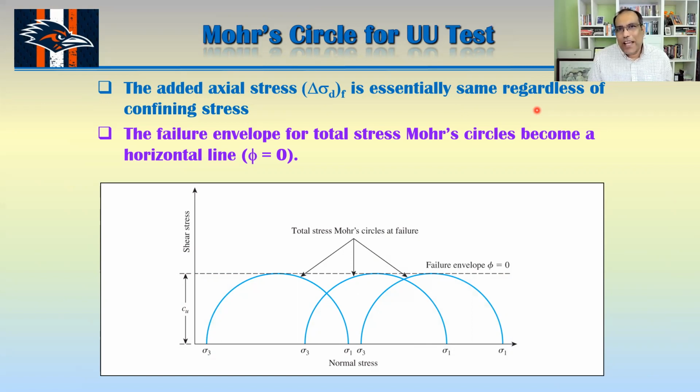If you change that, your pore water pressure will increase at the same rate, since your B value is equal to 1. So even though you are applying different confining stresses, since the drainage valve is closed and the soil is not allowed to consolidate, your effective stress is not changing.